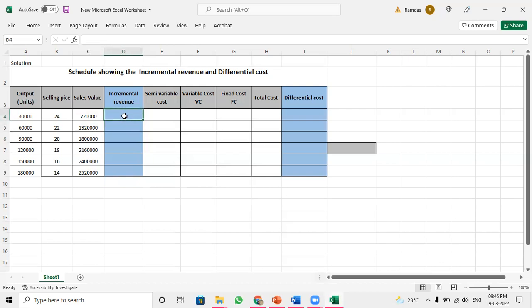For the first level, the increment is nil, because this is the first level of activity, so we can calculate the incremental revenue only from the second level of activity. So here we would be getting current level of activity minus previous level of activity. So it is.